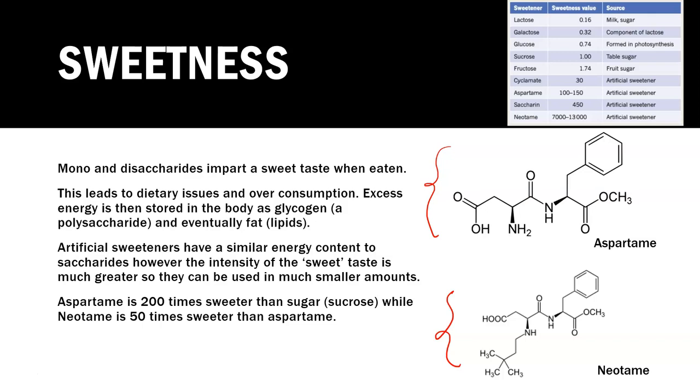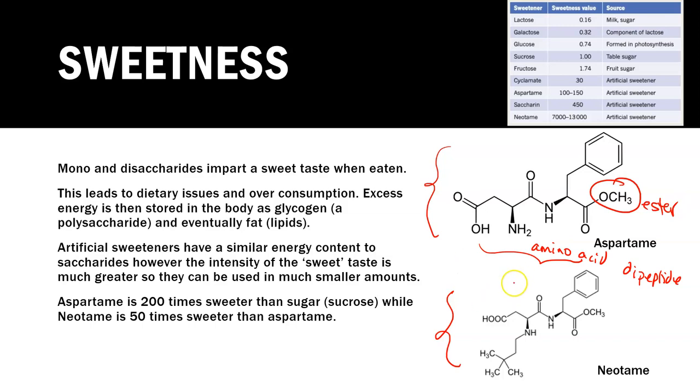So while they have the same energy per gram, we're using a lot less, so what we use them in contains less energy overall. You'll notice these structures do not have the sugar structure. These are not saccharides, they're not carbohydrates. In fact, they are actually amino acids. Okay, this one is a dipeptide, if you have a look, and then it has an ester. It's essentially a methyl ester of a dipeptide.